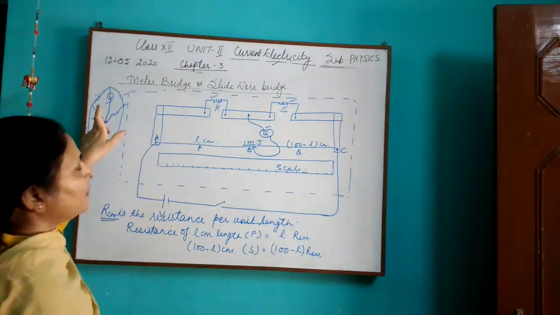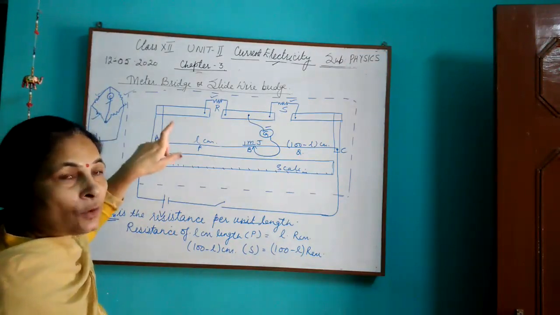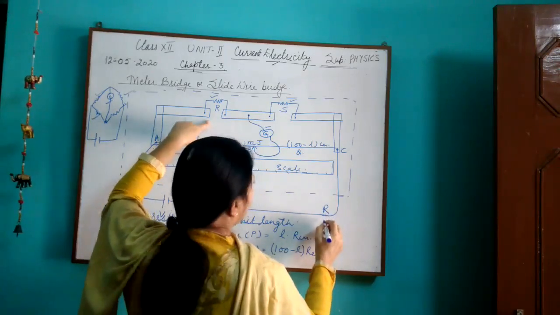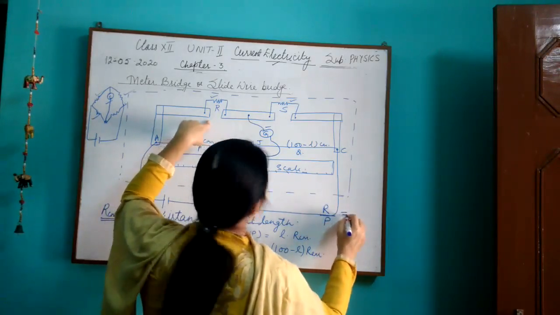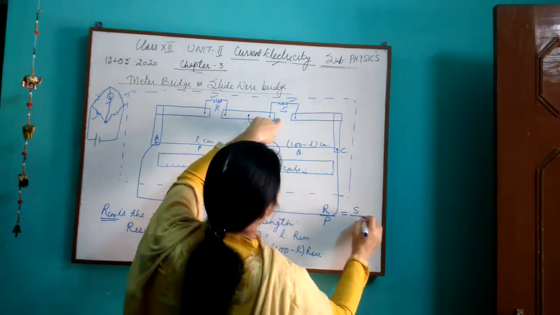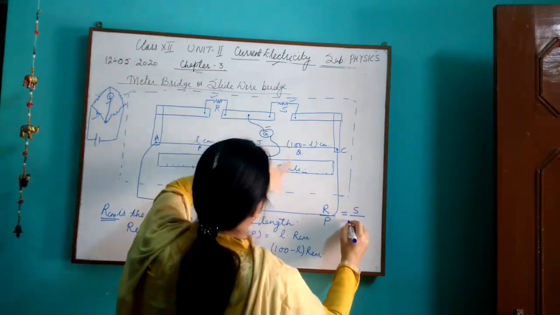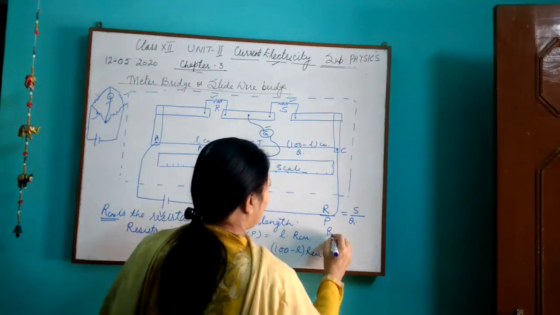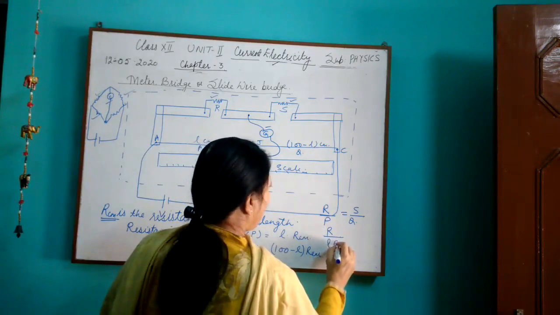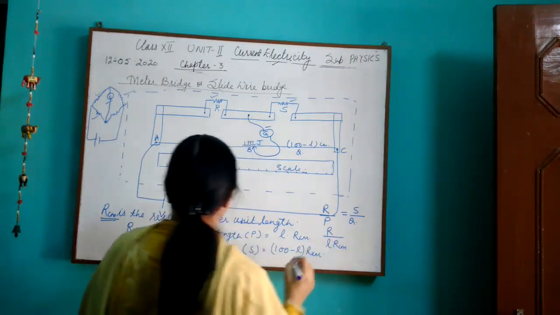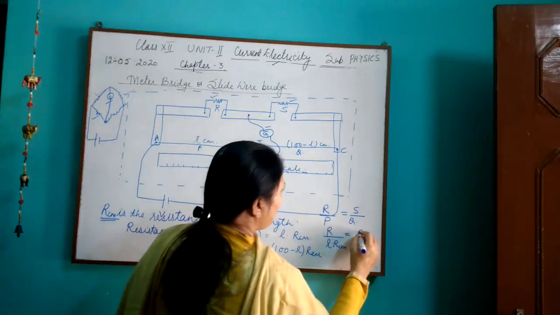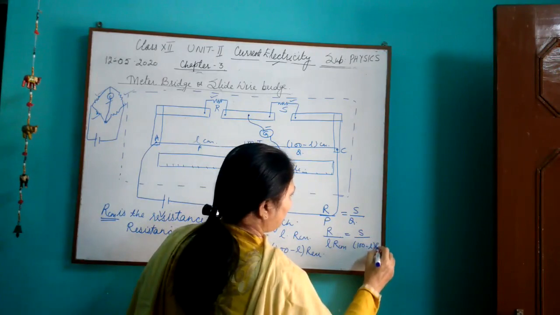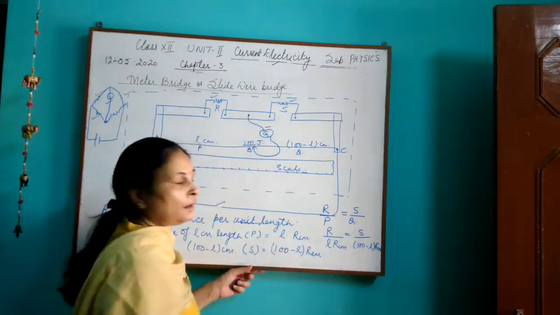Now we'll apply the condition of balanced Wheatstone bridge. Because of that, R upon P must be equal to S upon Q. This is going to give me R upon L R centimeter is equal to S upon 100 minus L R centimeter.